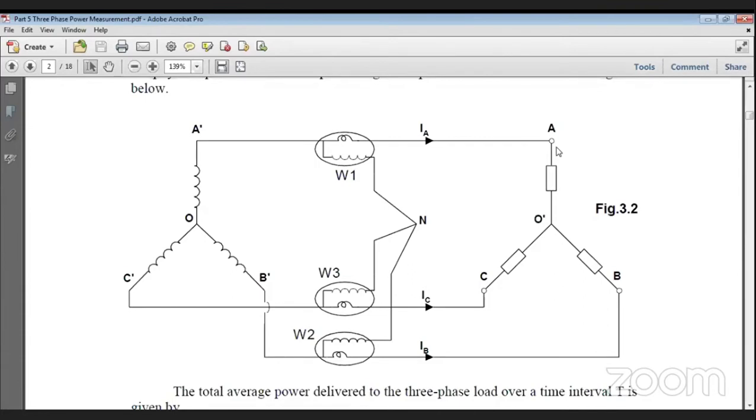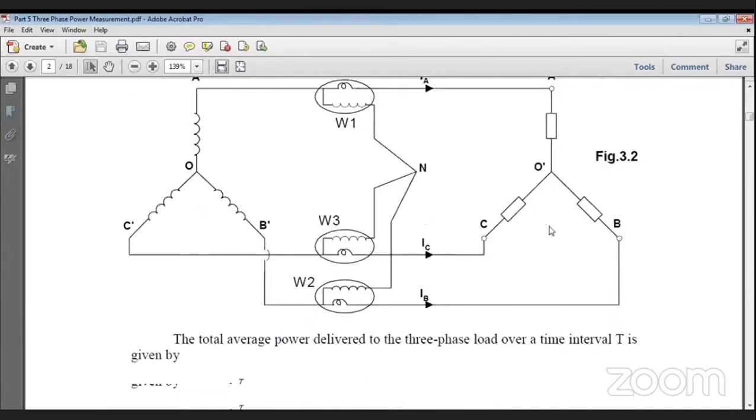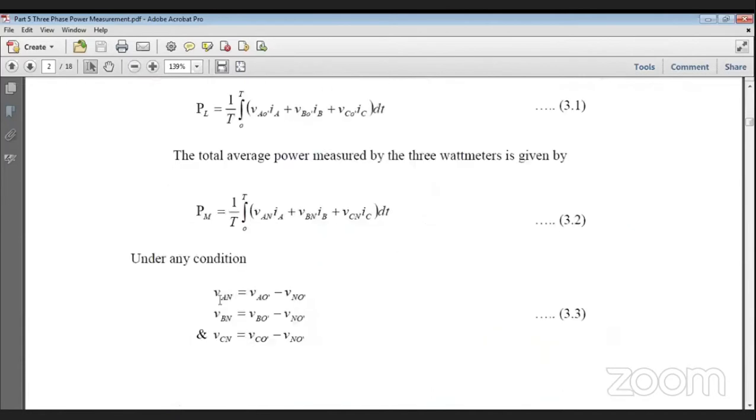So if I keep VAN on the left hand side and take the other two on the right hand side, VNO prime becomes negative, and VO prime A when it becomes negative becomes VAO prime. So VAN is VAO prime minus VNO prime.